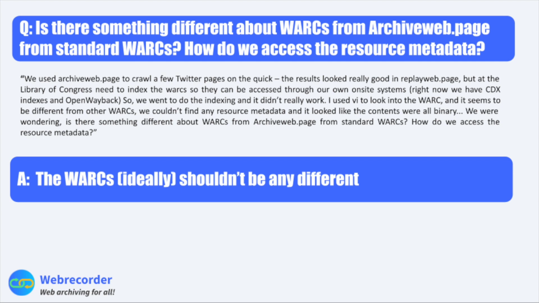We went to do the indexing and it didn't really work. I used vi to look into the WARC and it seems to be different from other WARCs. We couldn't find any resource metadata and it looked like the contents were all binary. So we were wondering, is there something different about WARCs from ArchiveWeb.page compared to standard WARCs, and how do we access the resource metadata?